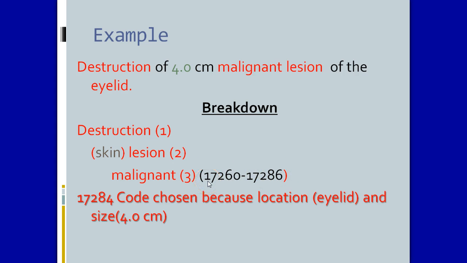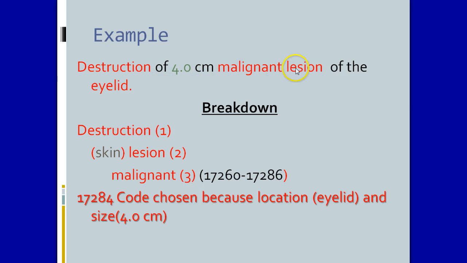Now I'm going to do a sidebar note and explain that this is the way that I have decided to choose my search terms and search in the index. There are various ways to locate your codes in the CPT. The simplest way is just to go to the main word or the action word, which is what I call it, and then go to the body part.